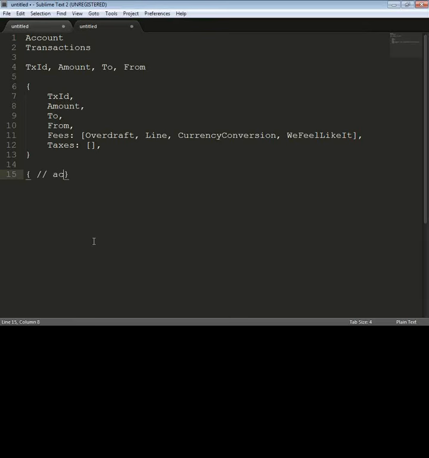So usually we talk about balance is... so this is how I would actually model a bank account.